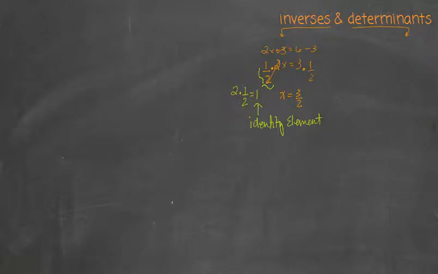Under addition, the identity element is 0. If I wanted to make my 3 disappear on this side, what I basically did was subtract 3. So under addition and subtraction, the inverse element, or the opposite, yields the identity, which equals 0.